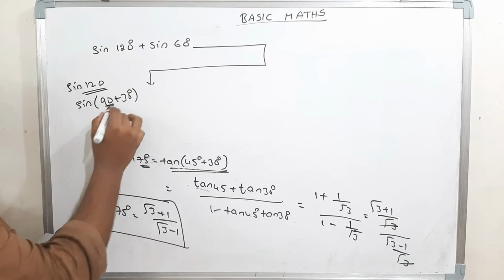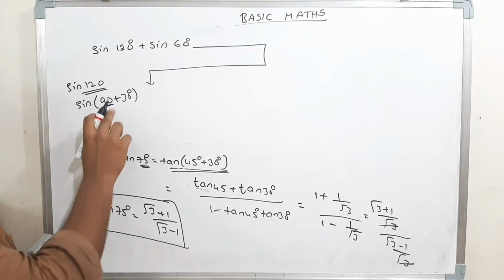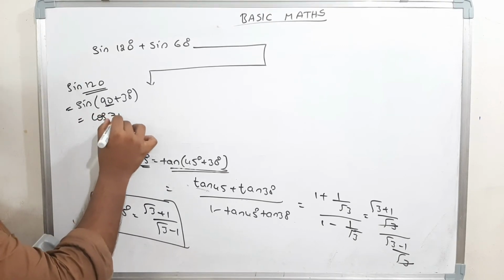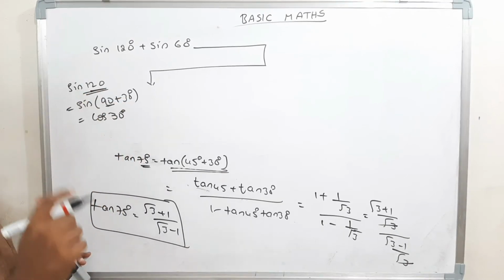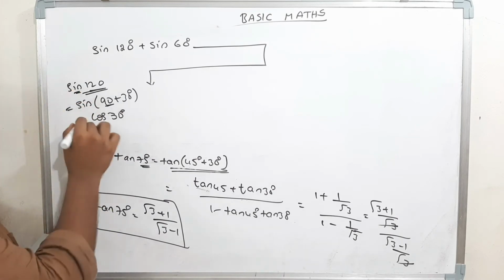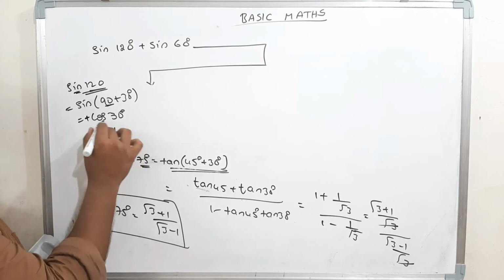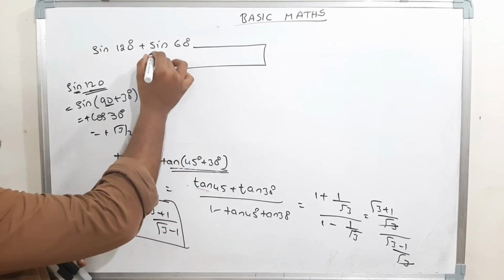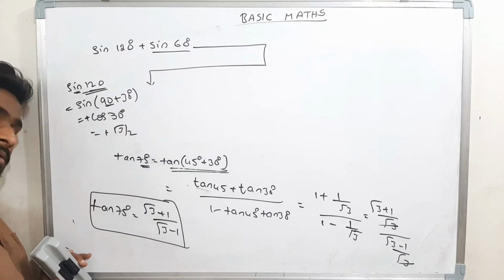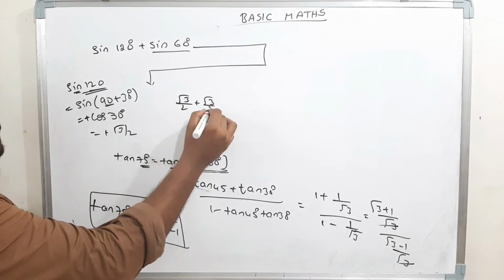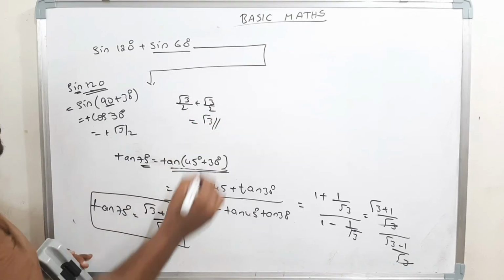It is an odd multiple of 90, therefore sin will become cos 30. And 120 is in which quadrant? Second quadrant. In second quadrant, sin is positive. Therefore, plus cos 30, which is root 3 by 2. What is the value of sin 60? Root 3 by 2. Therefore, root 3 by 2 plus root 3 by 2 is nothing but root 3.